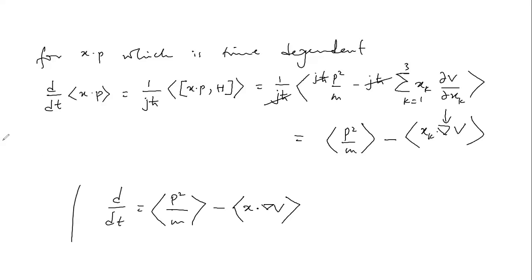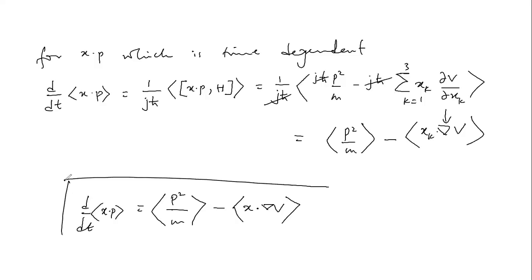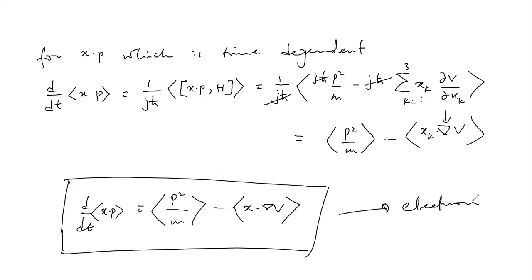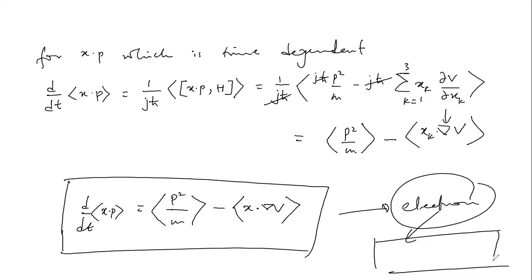This is the first time derivative of the expectation value of the product between the position and the momentum of the subatomic or microscopic particle in three-dimensional space. Say that particle could be an electron. And we may have to resolve all of this analysis in some medium.